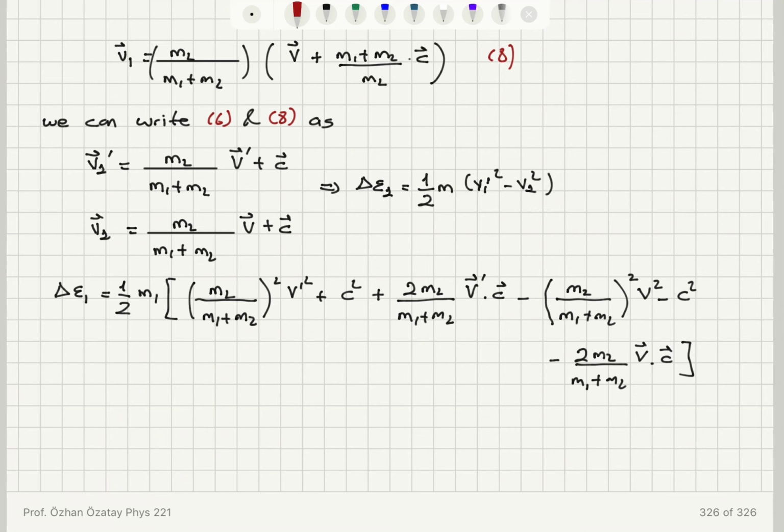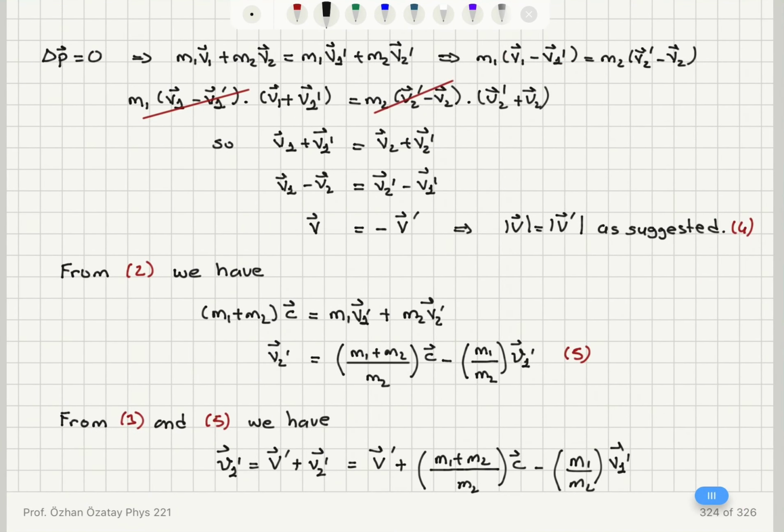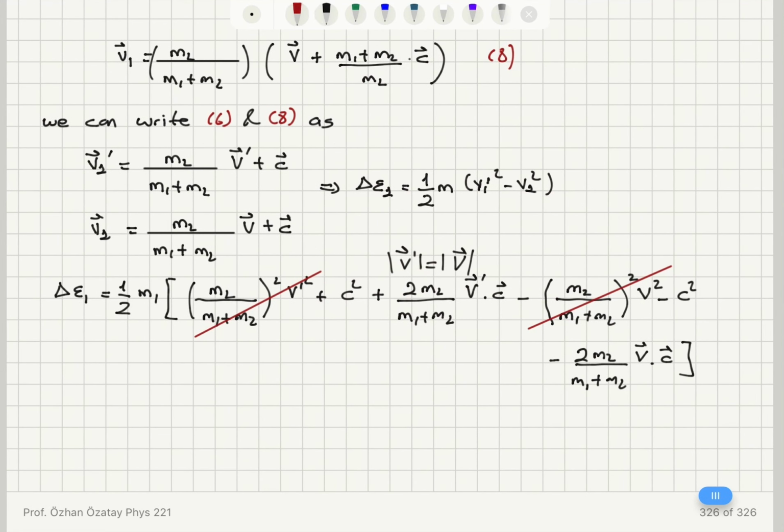Now here you will see that (m2 divided by (m1 + m2)) squared V prime squared is going to disappear with the term that has V squared, because the magnitude of V prime is equal to the magnitude of V. That was equation number 4 that we have obtained, so we're substituting that here.